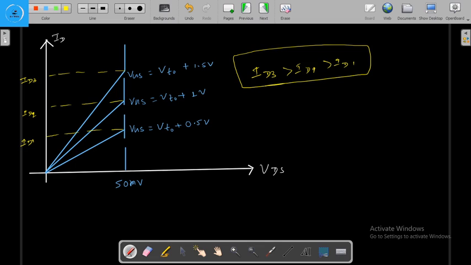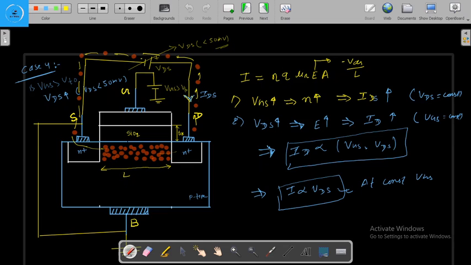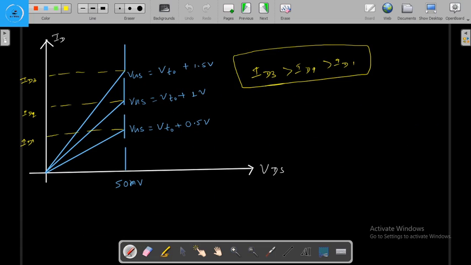So what we have seen is what happened when we increase the drain voltage by a very small amount, about the 50 millivolt we have assumed. Now let's see what happened when we increase the drain voltage by a large amount.